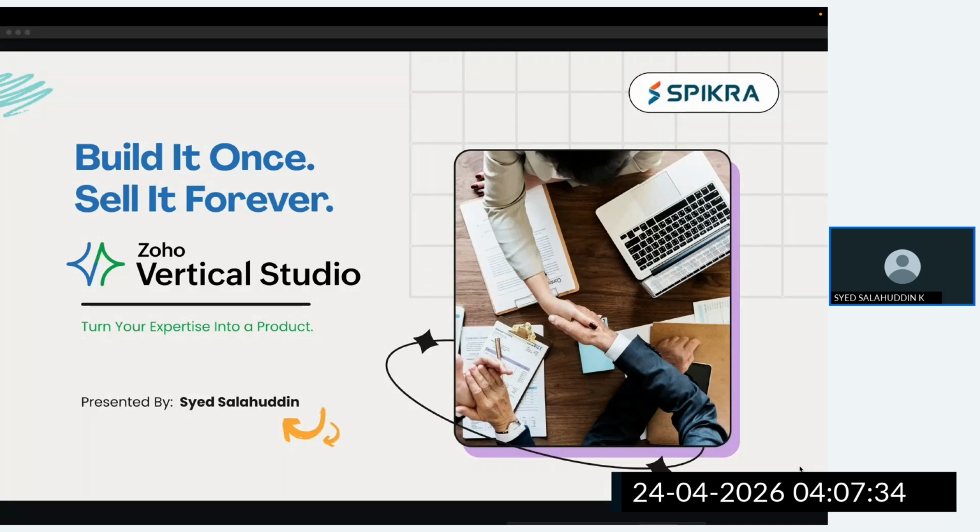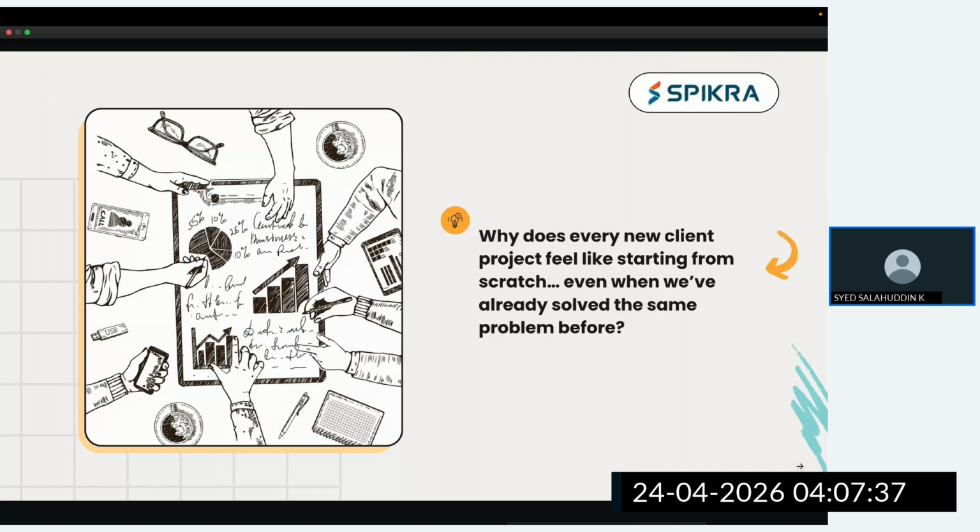So before starting, let me ask you all something. Why does every new client project feel like starting from scratch, even when we have already solved the same problem before? Think about it. Same requirements, same modules, same logic, just different clients every time.